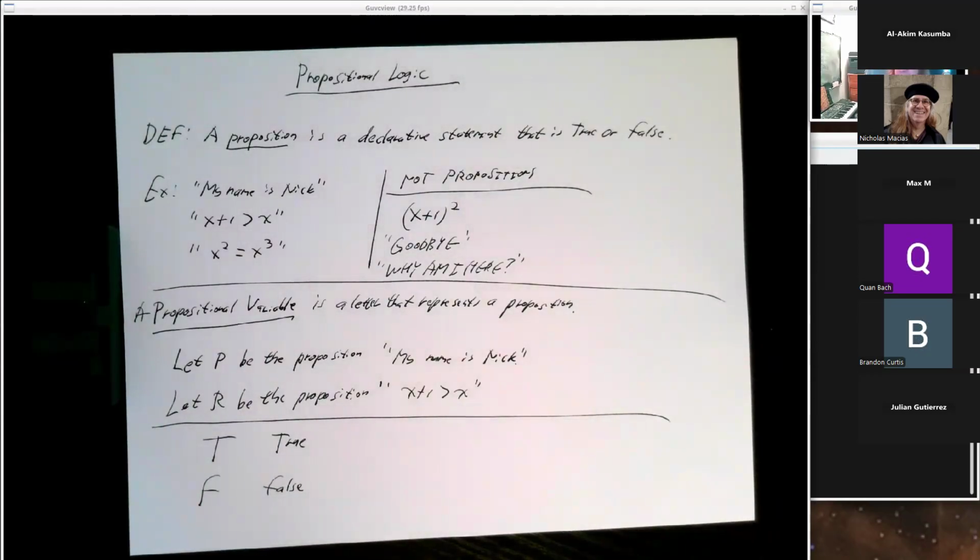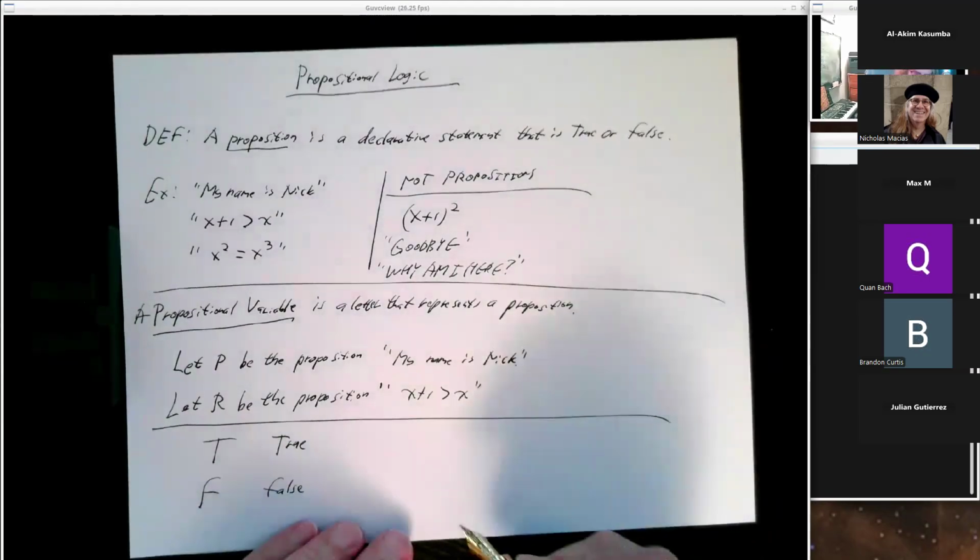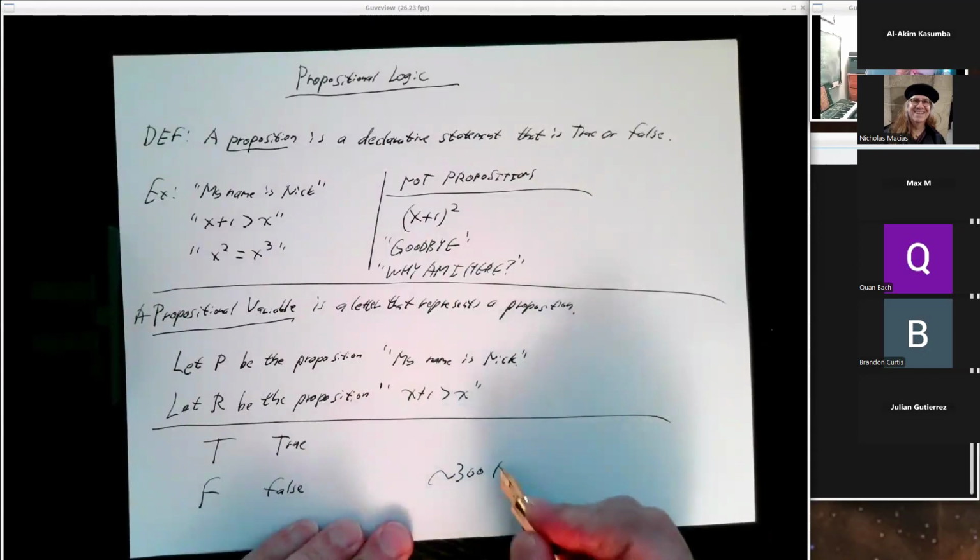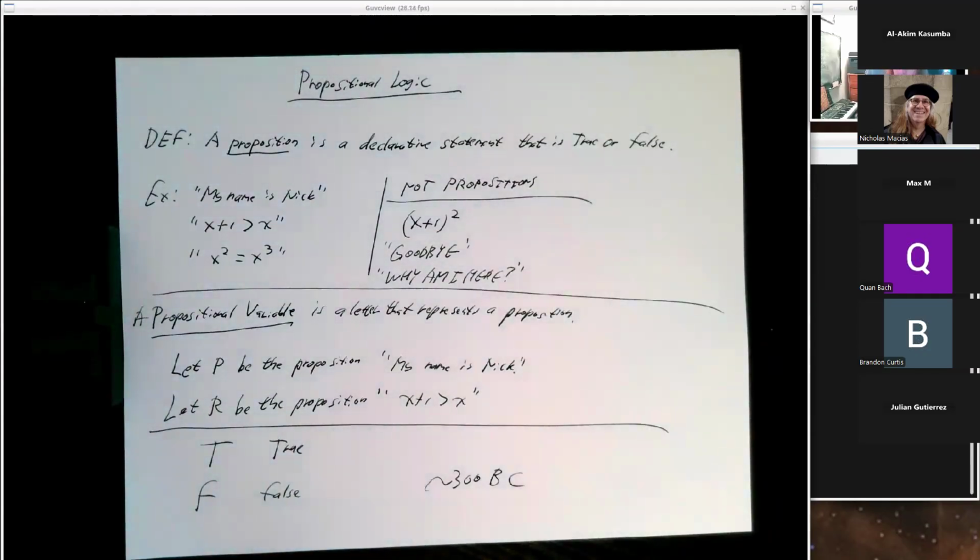So this actually goes back to at least 300 BC. And Aristotle studied this propositional calculus as a way to try to understand logic and reasoning and how we think as humans, how we come to conclusions in the way we do, and is there a way to formalize that?